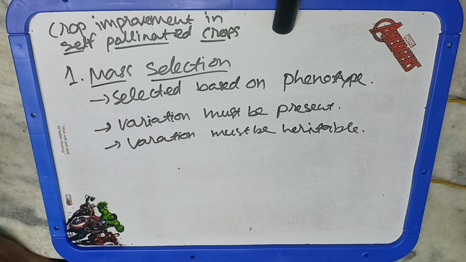Then the variation must be heritable. It should not be due to some agronomic or specific condition. Just take an example: if you do not provide sufficient urea, nutrients or irrigation, plant growth will be stunted, and the plant height will be very limited. And if you select it, basically the height is very small because you didn't provide urea, nutrients or irrigation.